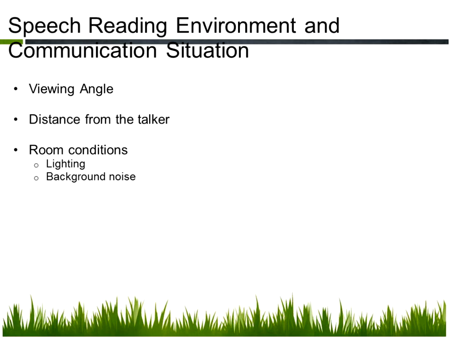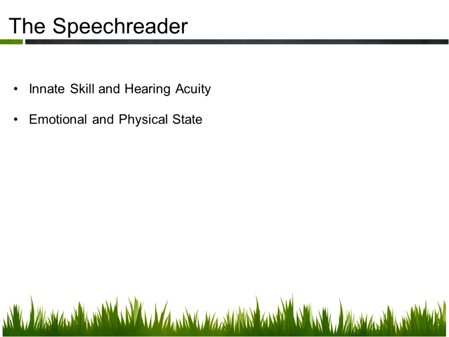That's particularly critical in our long-term care facilities and in our school settings, that we have to make sure that our client has the best room conditions, that they're close to the talker, that they're looking at the talker with full face cues. There are some things that we can't control.